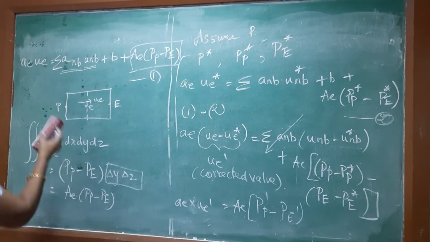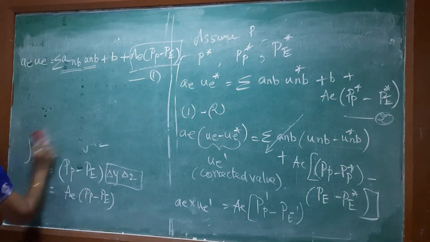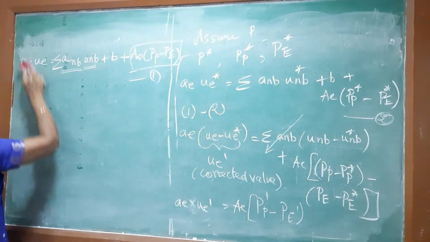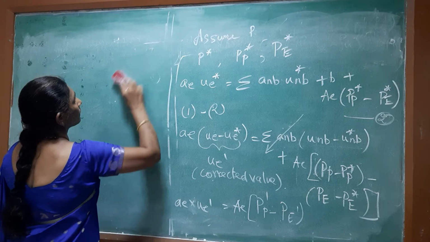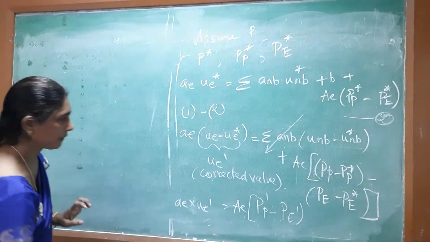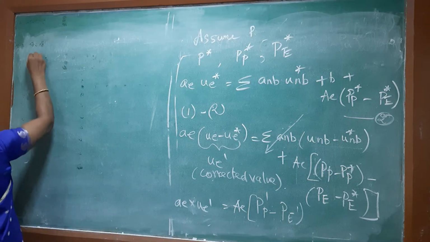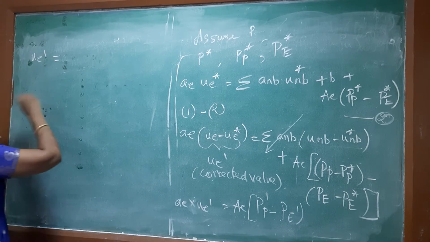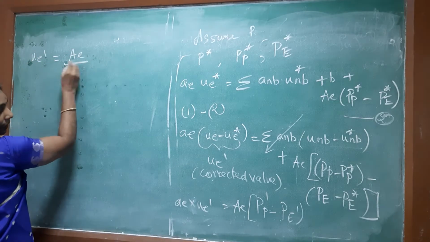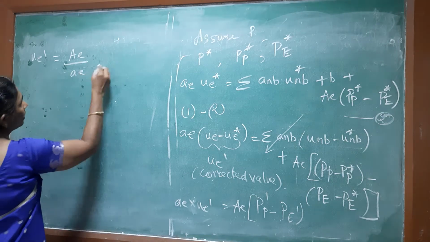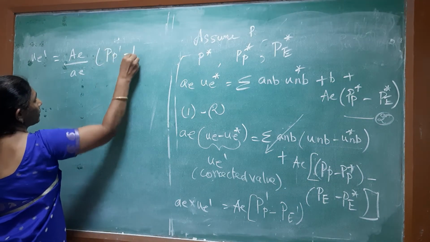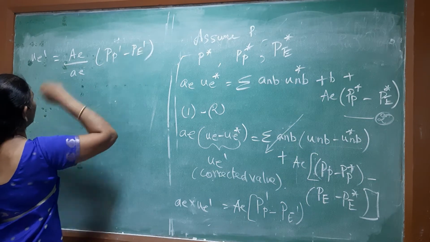I am again rearranging this equation. So UE dash will be equal to AE by small ae, and this is PP dash minus PE dash, right?